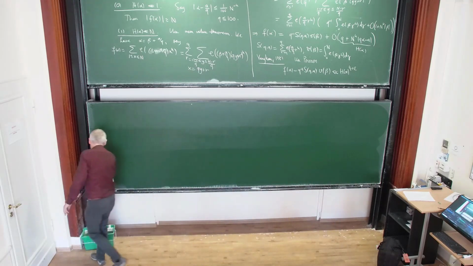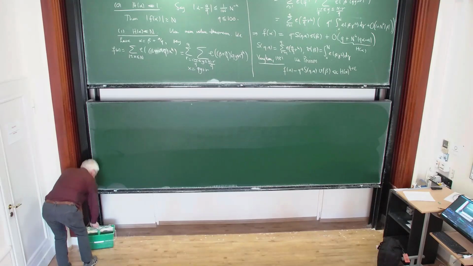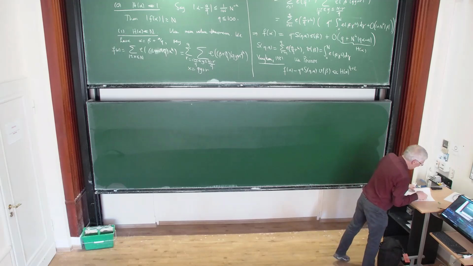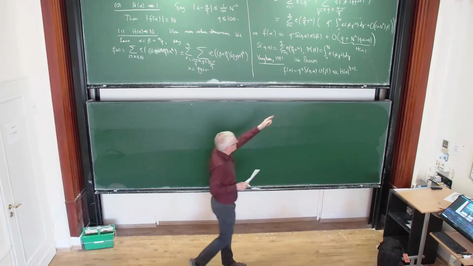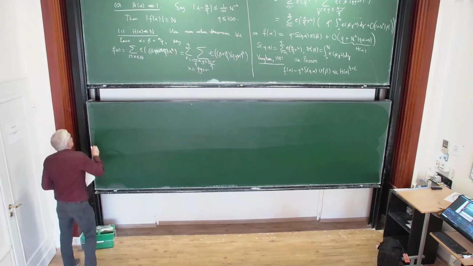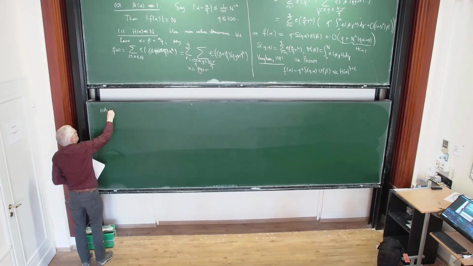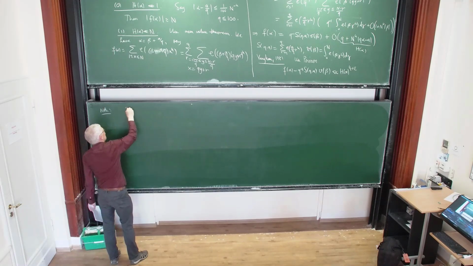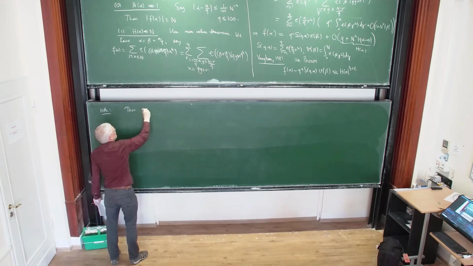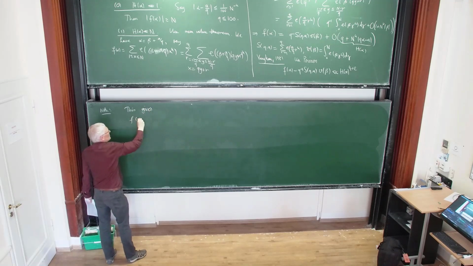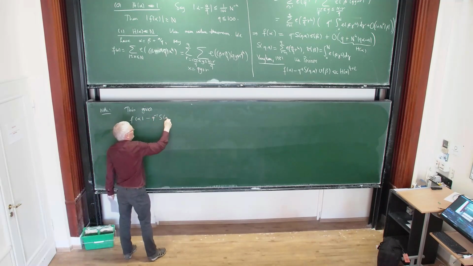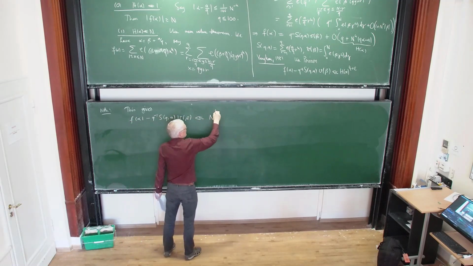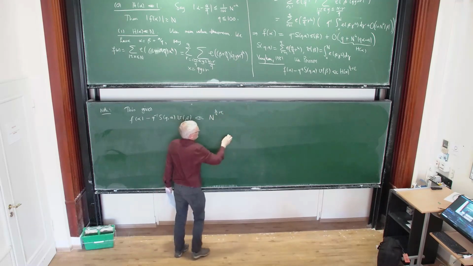But if k is big, then this situation is not so good, is it? I mean, if k is bigger than 4, then this error term is worse than trivial. So the uniform estimate that you extract from this is something like n to the k over 4 plus epsilon.